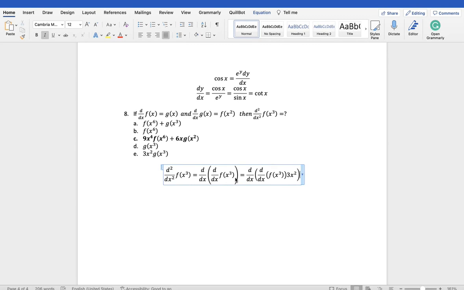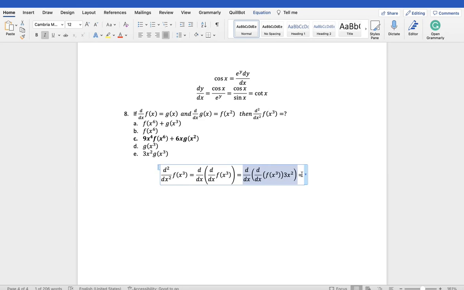And then you have to remember that you were given that the derivative of the function f of x is equal to g of x, meaning that the derivative of f of x cubed will just be equal then.